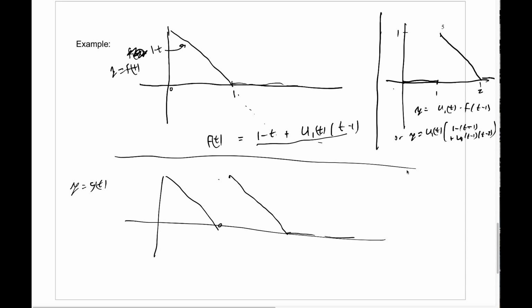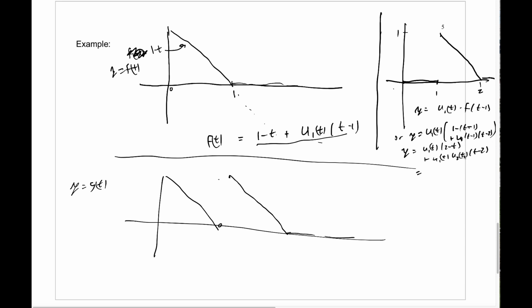I know my planning wasn't as good as it should have been here. Let's take a look. This is equal to u sub 1 of t times 2 minus t. That's this first term here. And then we have u sub 1 of t times u sub 1 of t minus 1. Well, what is u sub 1 of t minus 1? U sub 1 of t minus 1 is just the same as u sub 2, because it's just like u sub 1 shifted over to the right. So this is u sub 1 of t times u sub 2 of t times t minus 2.